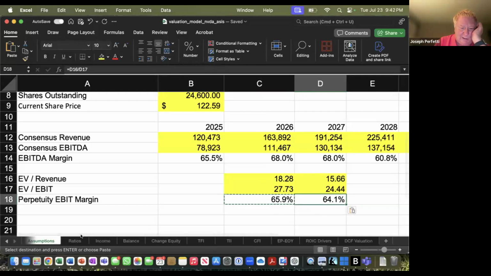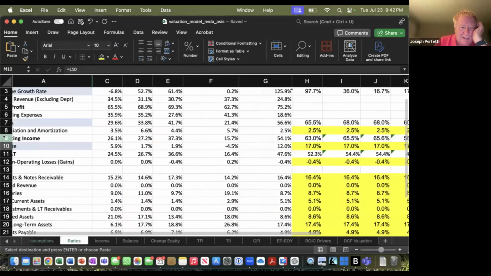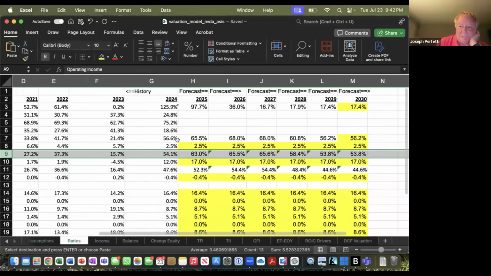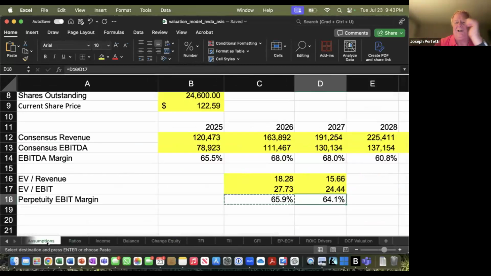Translation. Perpetuity EBIT margin is this row, which means this number, based on the current share price, needs to be between 64.1 and 65.9. That's the only way you can justify the current share price with those multiples.